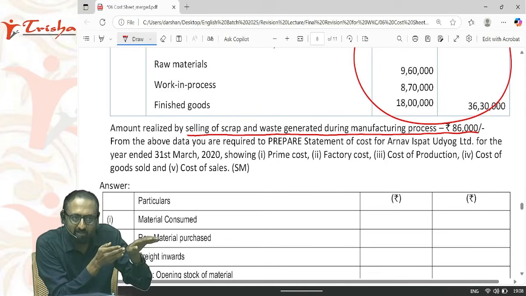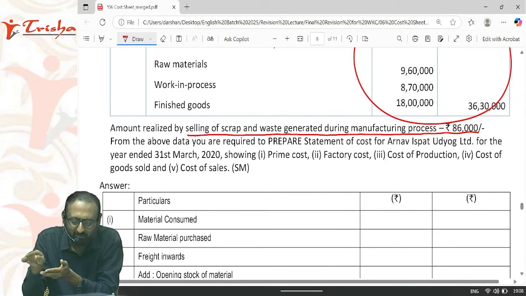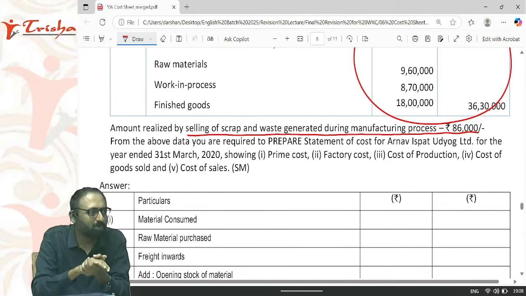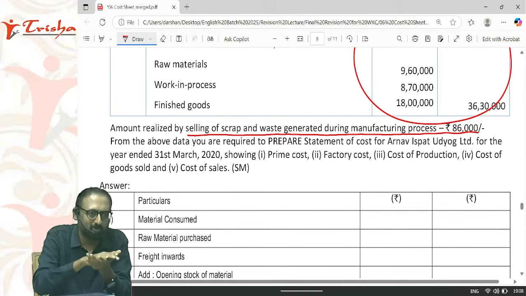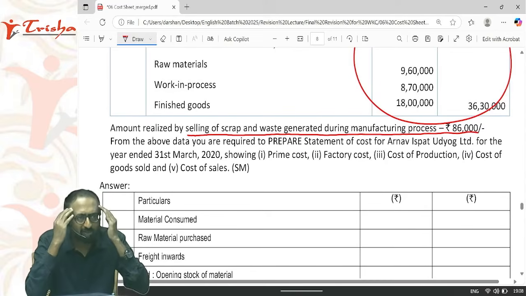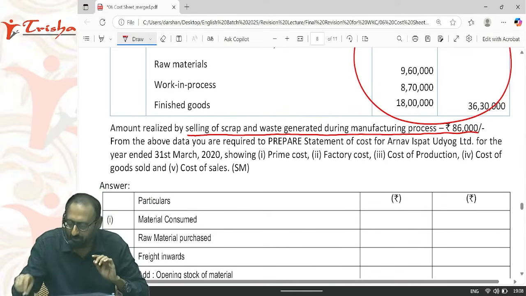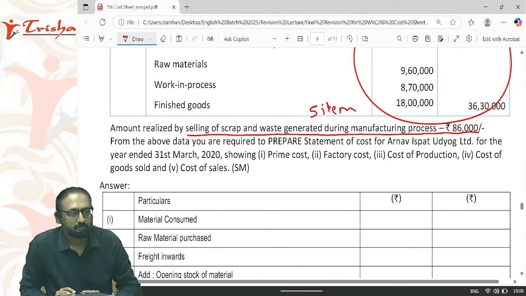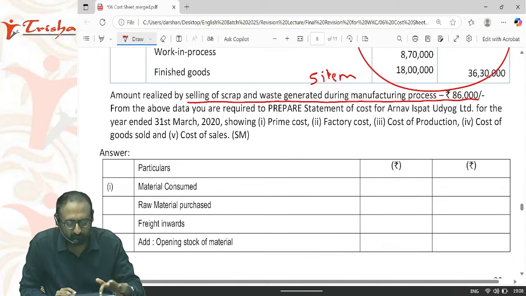In storeroom it is generated, or during the production it is generated? Once scrap is generated in production, not only material cost, labor cost, overhead cost, so many costs are involved. So it is illogical to adjust in material consumption. It will be adjusted in one of the 5 items. Correct, sir? So all items I have discussed in detail. Next one.